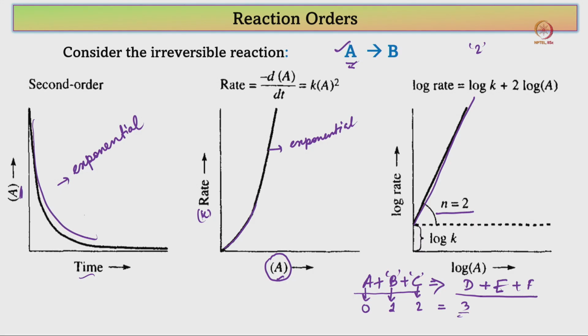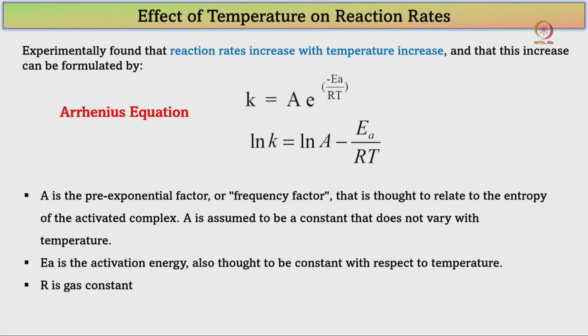Now, let us see some other thing. Other than the concentration of the components, what can change the reaction rate? I think all of you know that by heating, that is by increasing the temperature, reaction rates can increase.